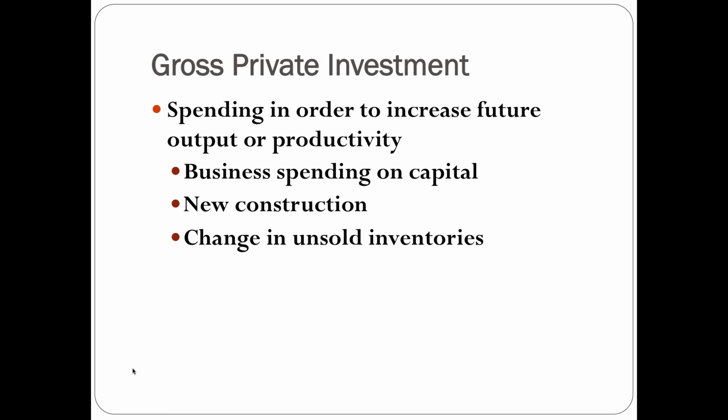When businesses produce things, the things they do not sell are going to be in inventory, and this change in unsold inventories is going to be a part of gross private investment. So in 2006, about 17% of our economy was gross private investment. About $2.2 trillion worth of gross domestic product came from gross private investment, or IG.